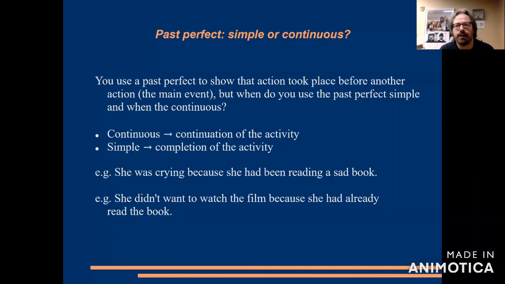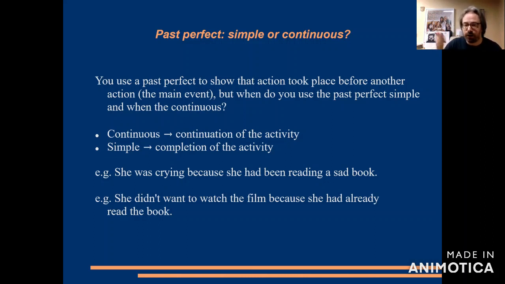And you can see it in this slide. You use a past perfect to show that an action took place before another action, but when do you use the continuous? Well, let's see in these two cases. The first one, she was crying because she had been reading a sad book. So this means that for someone who just sees her and she has all of these tears running down her face, you think, well, obviously she cried.